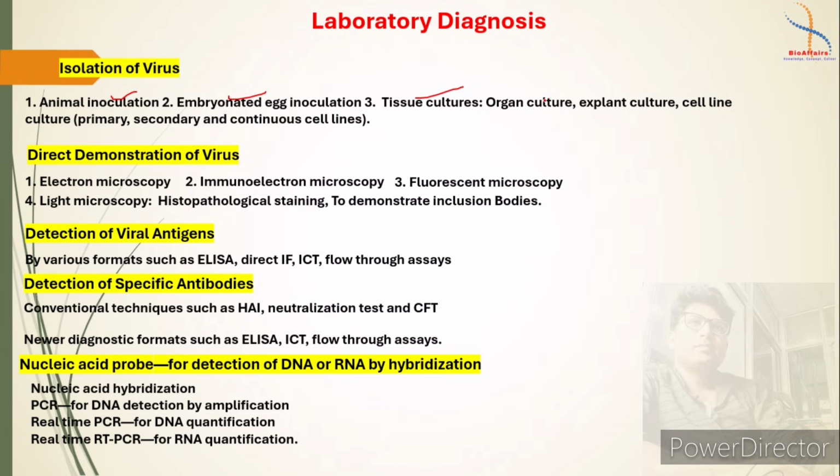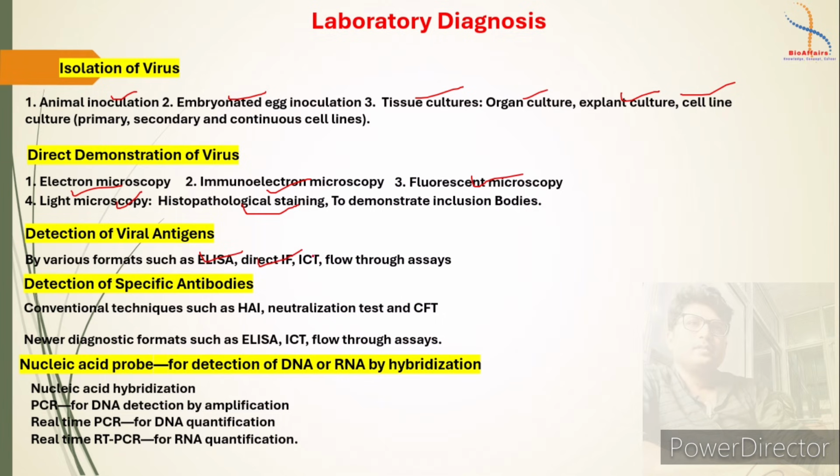Then direct demonstration of the viruses: electron microscopy, immunoelectron microscopy, fluorescent microscopy, light microscopy for some cases, and histopathological staining to demonstrate the inclusion bodies or the cellular cytopathic effects. Detection of viral antigens through ELISA, direct immunofluorescence, ICTs, immunochromatography techniques, and flow through assays.